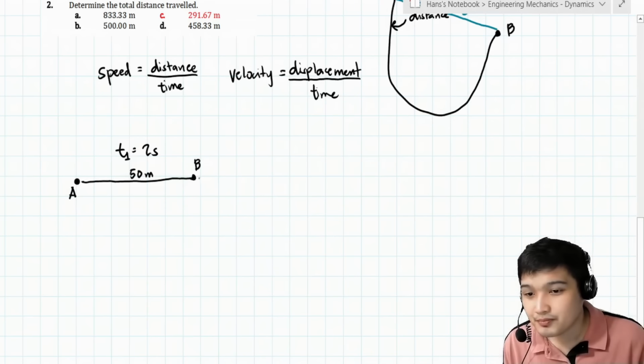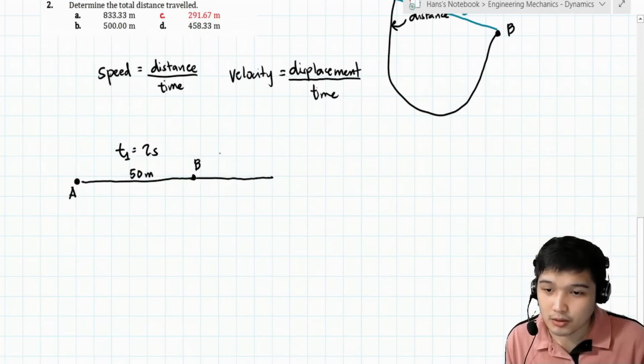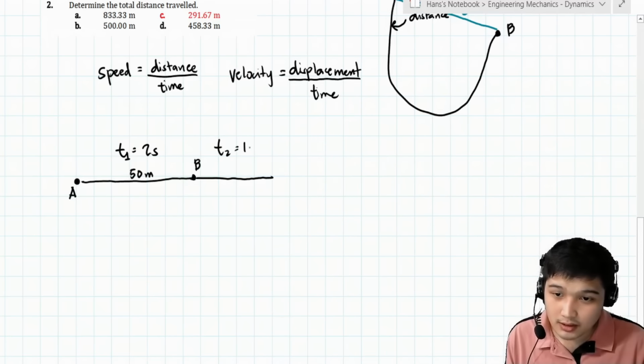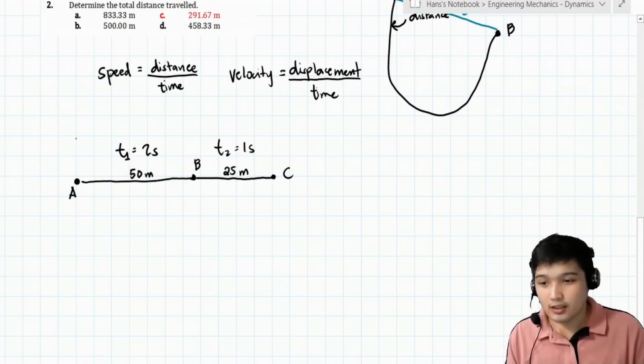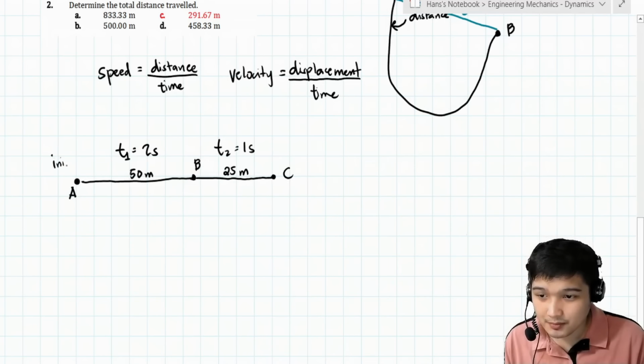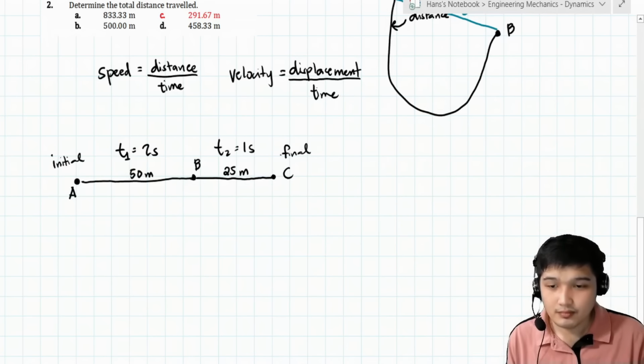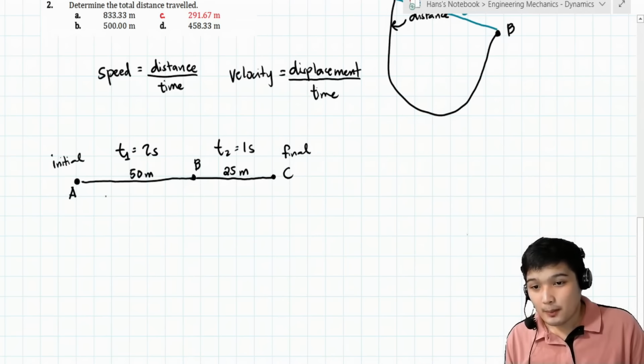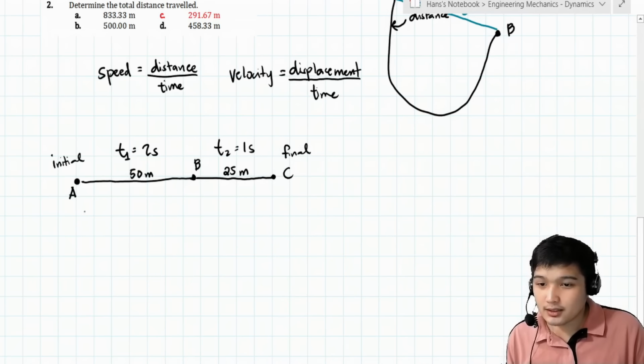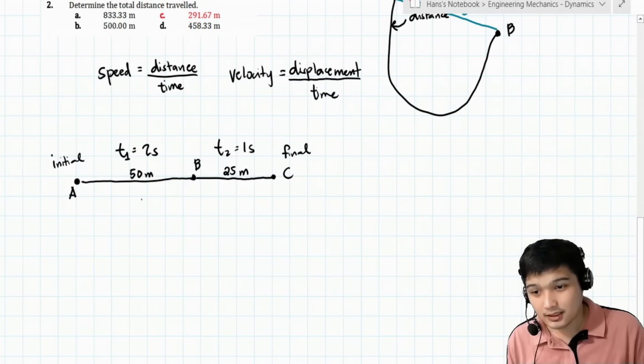And then for another time, nag-travel pa siya ng 1 second, and then straight motion. So t2 is equal to 1 second. So nakapag-travel siya ng another distance, let's say ito naman is 25 meters. So napunta siya dito sa point C. Okay, so ito yung lumalabas na initial, ito yung lumalabas na final. Okay? So, pag tinanong kita guys, what is the distance?